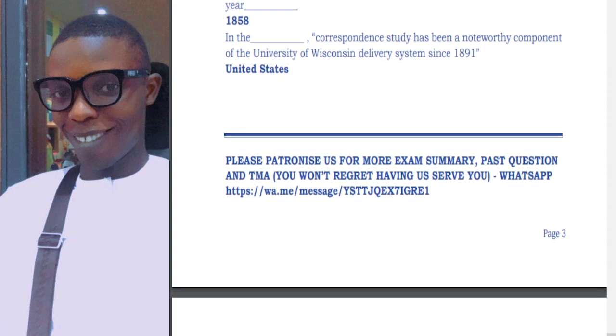So you just need to know that in 1928 they had their external program, and this program was chartered in 1958. So it started in 1928, but it was not really recognized according to the law.